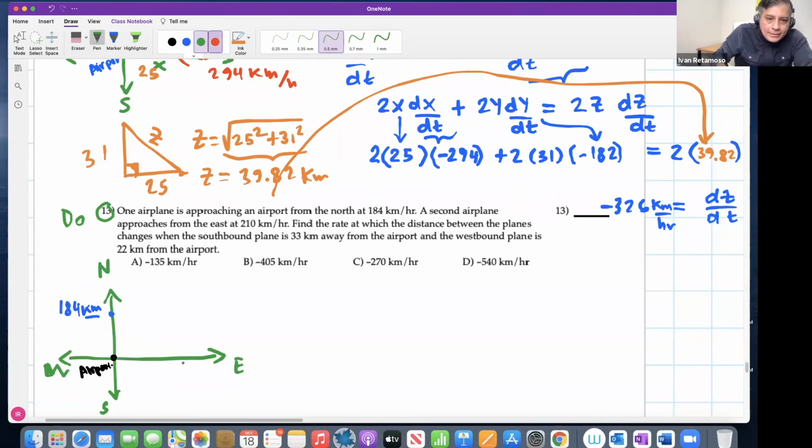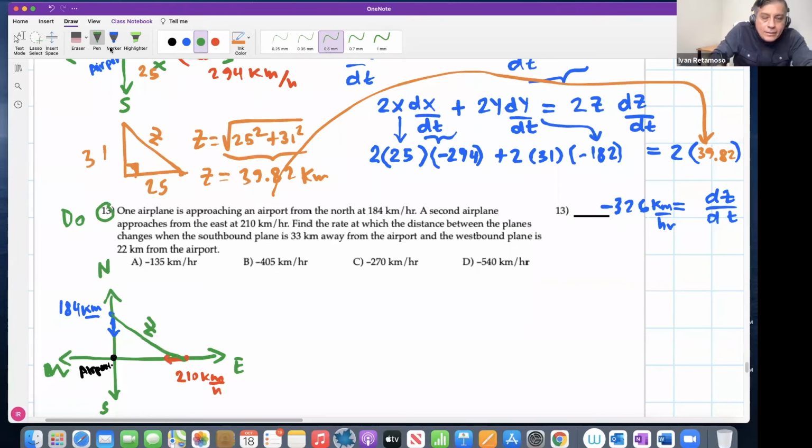So very good. This guy is approaching at this speed, 210 kilometers per hour. Excellent. And then the challenge is to figure out at what rate of change the distance between the two airplanes, this distance Z, is changing.